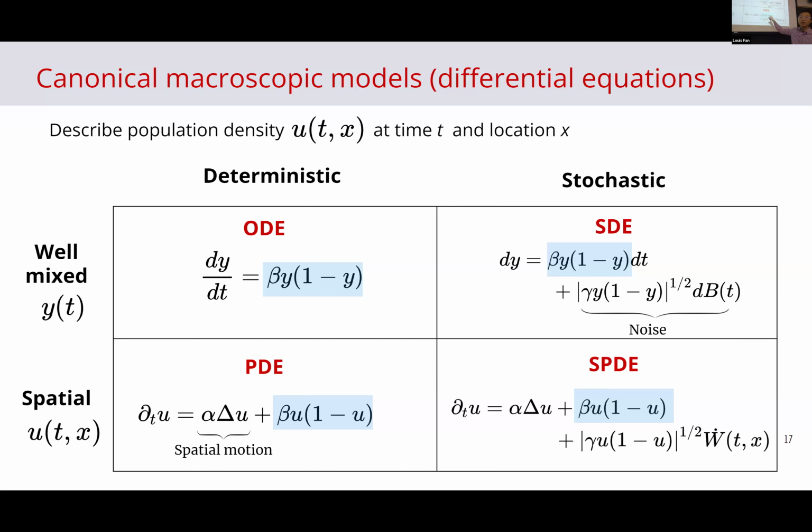And this is a PDE model, partial differential equation. And the last one, the stochastic partial differential equation, you can see has both a spatial motion term and also a noise term here. But the noise here also depends on space. And this one is the space-time white noise, which is essentially a distribution-valued Gaussian process uncorrelated in space and time. And this equation arises quite naturally as a spatial version of the Wright-Fisher diffusion model.